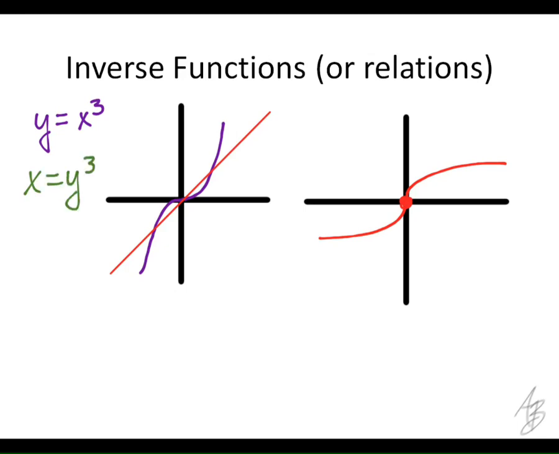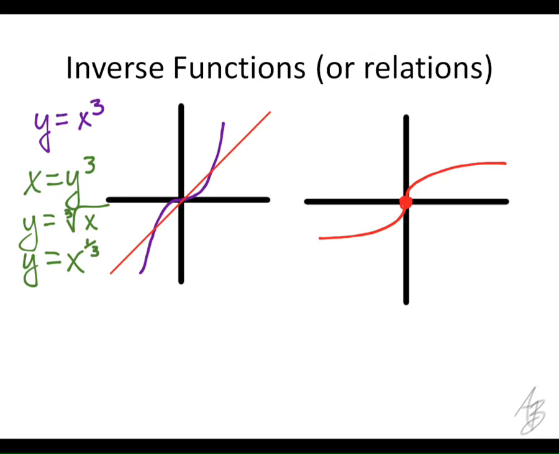We want to get y by itself. So to do that, we would use the cube root, and we would get y equals, we could write it one of two ways, the cube root of x like that, or x to the 1/3 power. Okay? So this right here, if we were to graph this, would look like that. You guys agree with that? Okay? And are there any problems here with this being a function? Is this a function?